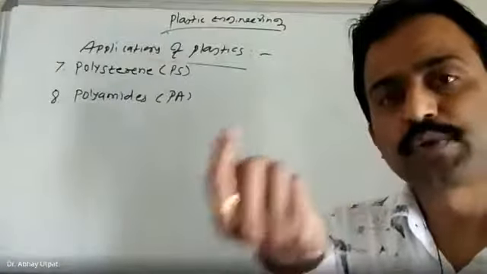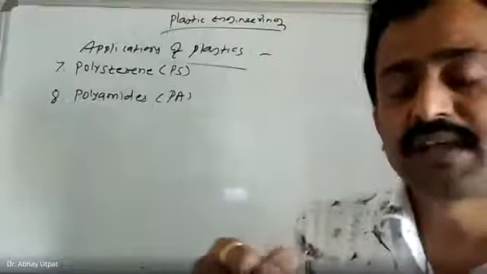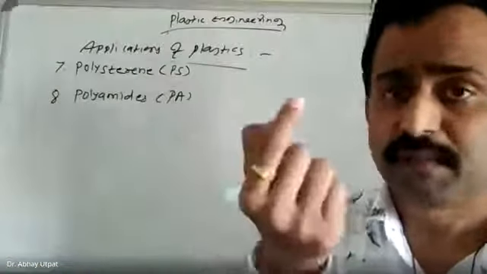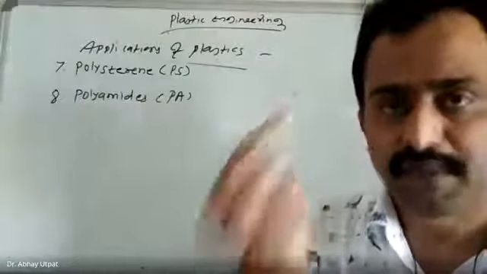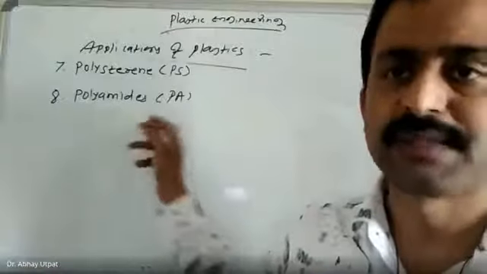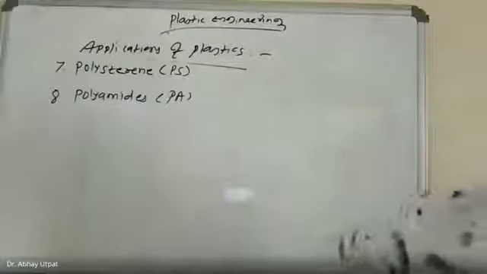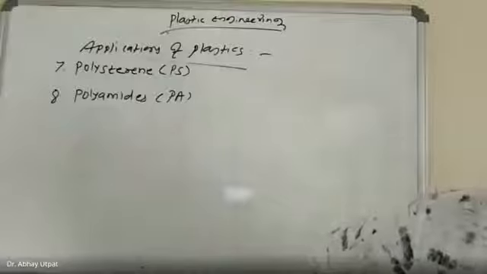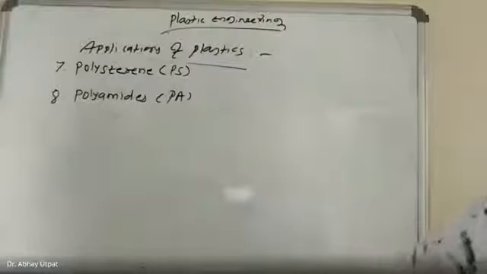Whatever brushes you are using, maybe toothbrushes, maybe other brushes used for cleaning basins and other parts and clothes, whatever bristles are used, they are made of polyamides. This is the best application of polyamides, right? Toothbrush bristles, fibers, and low strength machine parts.